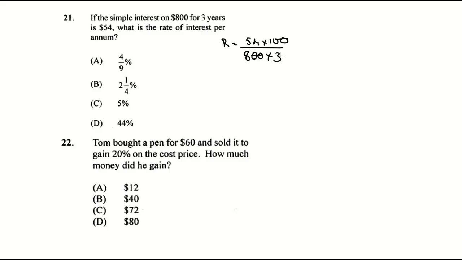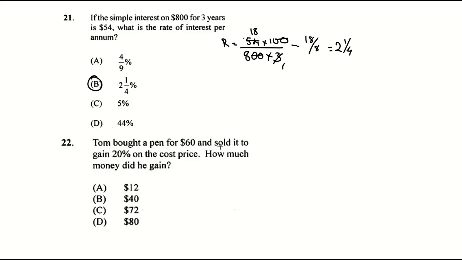Cross that out, cross that out. 3 into 3 is 1. 3 into 54 is 18. Then 18 over 8 would be 2 and a quarter, which is B.